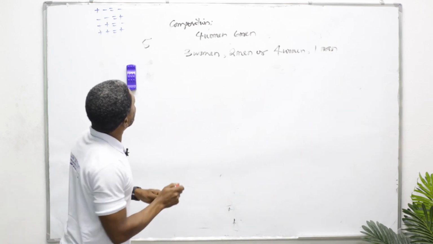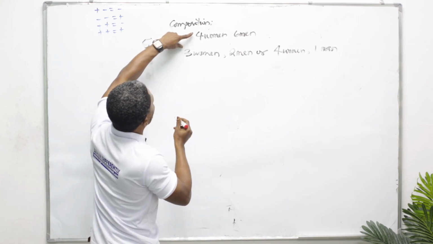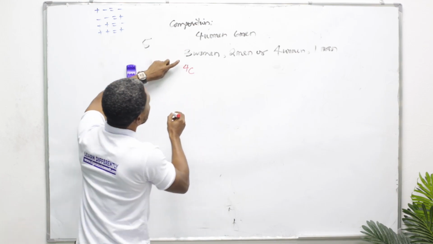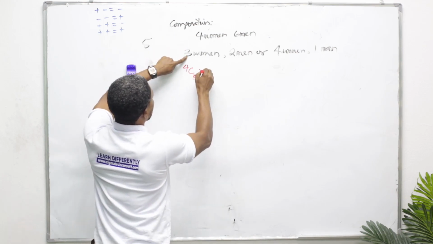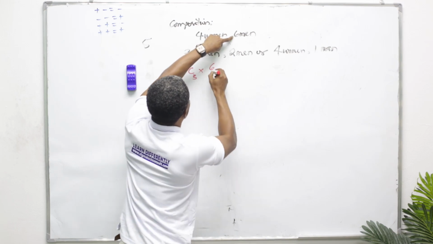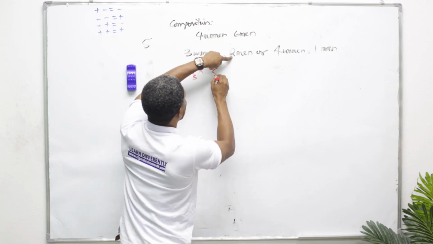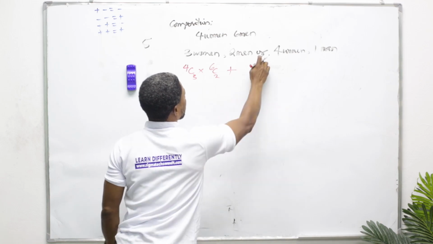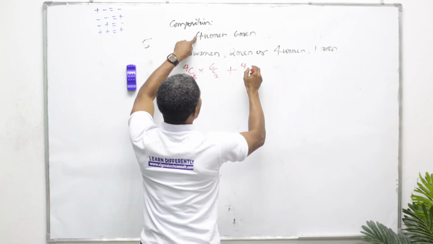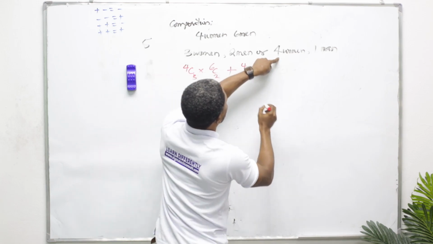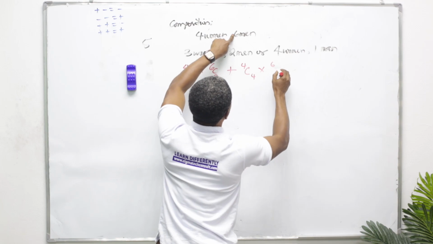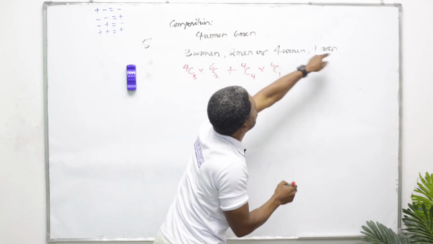Now, let's go. 4 women, combination 3, multiplied by 6 men, combination 2, plus, that is the meaning of or, it means addition. Then 4 women, combination 4, times 6 men, combination 1.